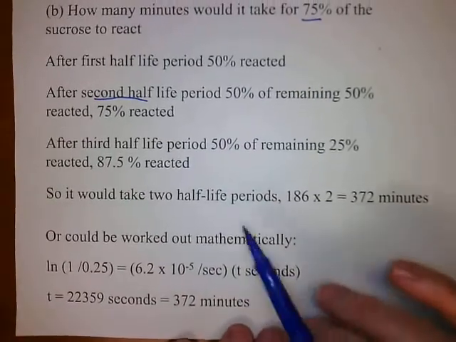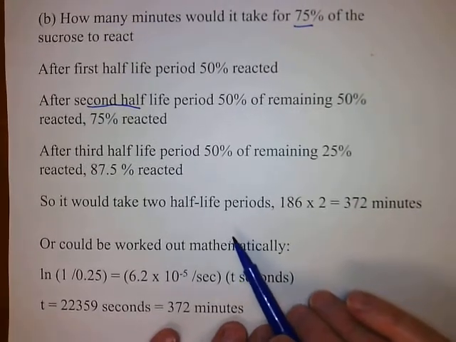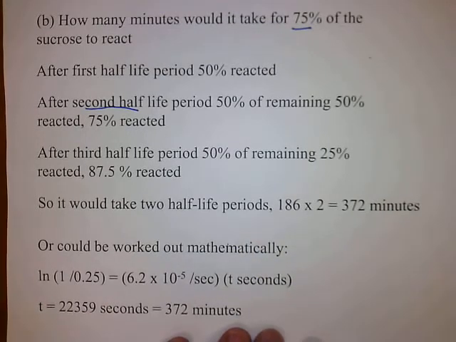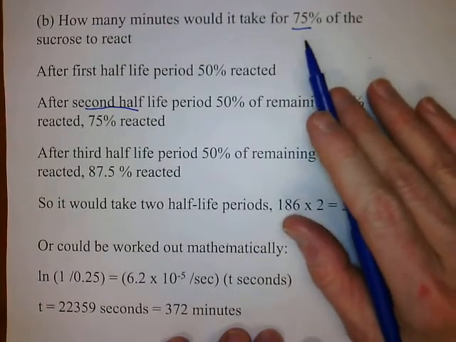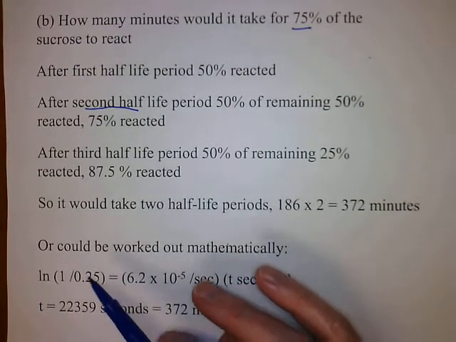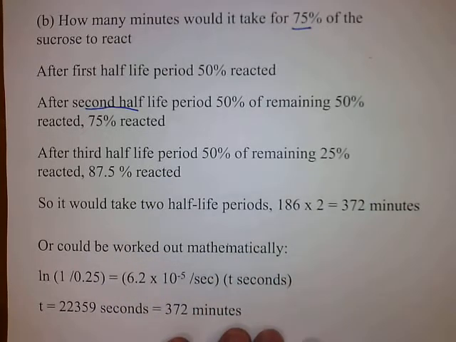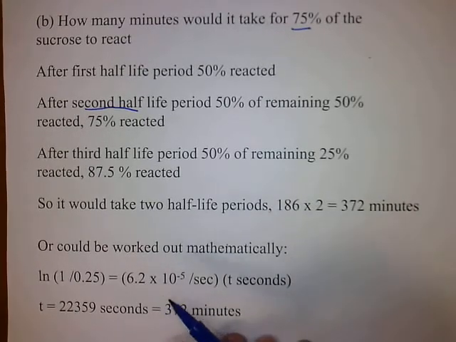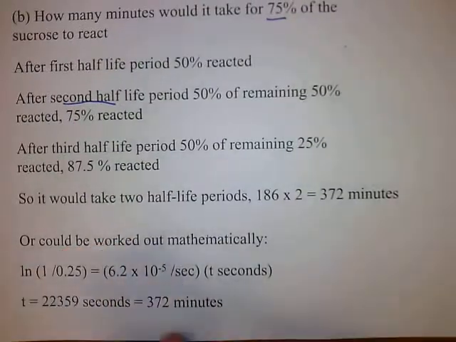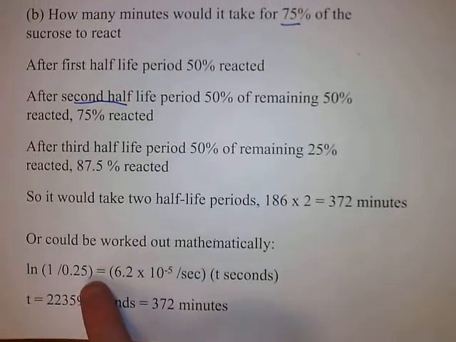Now, you could also work this out mathematically and you would get the same answer. Okay, so if we're 75% reacted, that means we have 25% remaining. So the amount that we have at time t will be 25%. So the natural log of 1 over 0.25 is equal to 6.2 times 10 to the minus fifth times the time in seconds, right? You guys should know what 1 over 0.25 is.